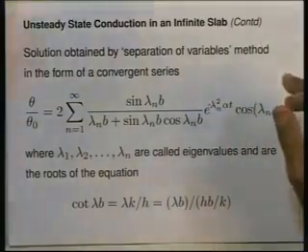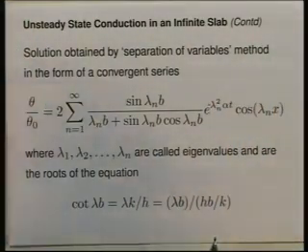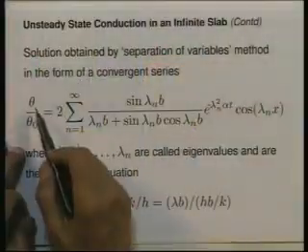I am simply saying that the partial differential equation which we have stated, subject to the initial and boundary conditions which we have stated, after solution, when it is solved, we get this as the solution.